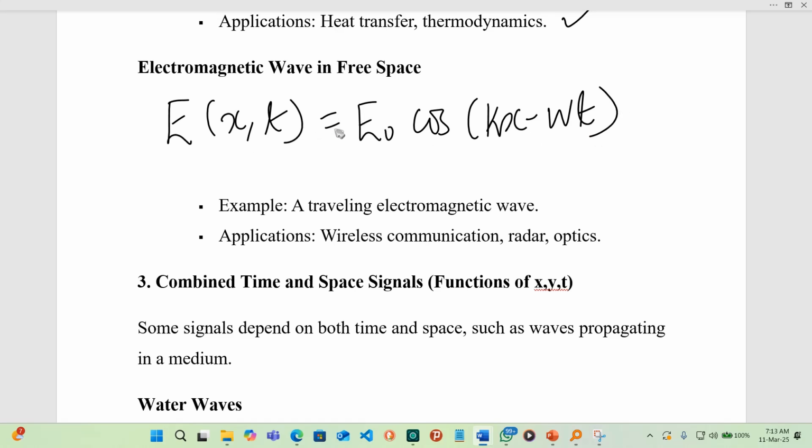And so such a signal, you can see this is dependent on both time and space, but you see it also has some space. So a traveling electromagnetic wave is represented by such an equation, and we can see this in fiber optics, in radar, that is radio detection and ranging, and wireless communication.